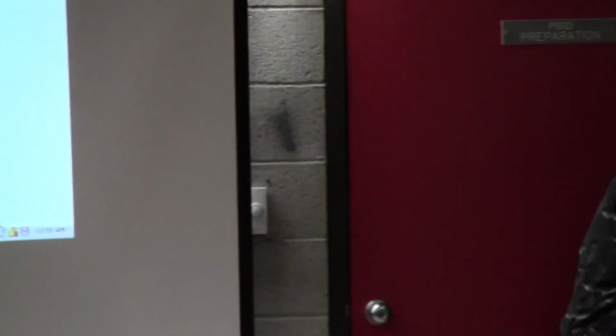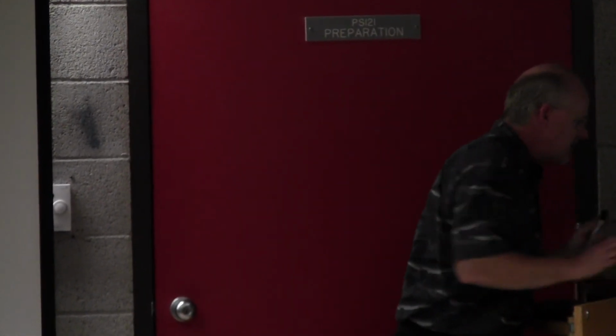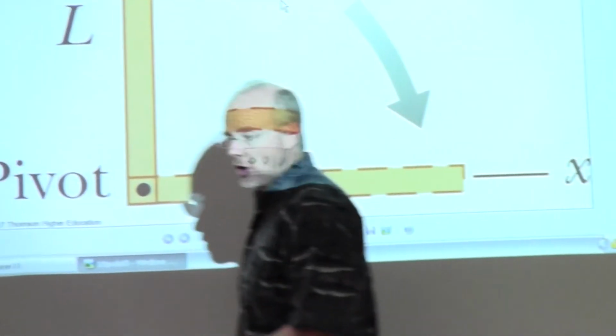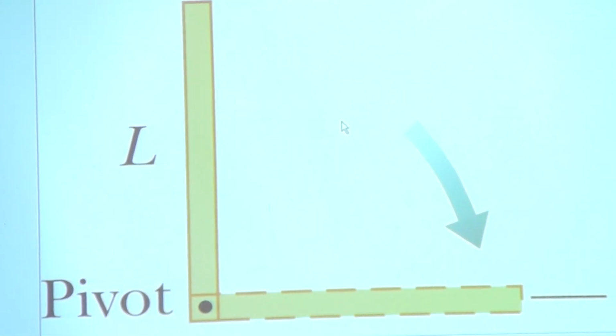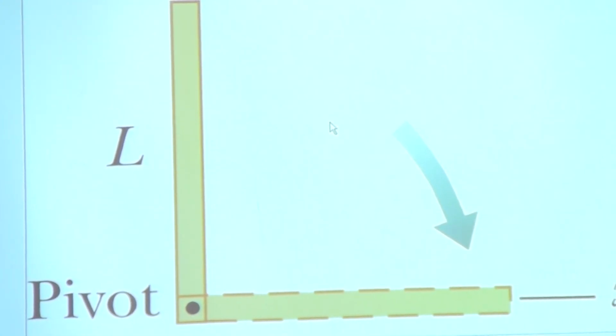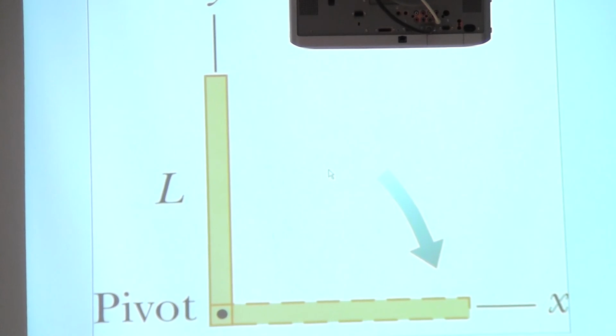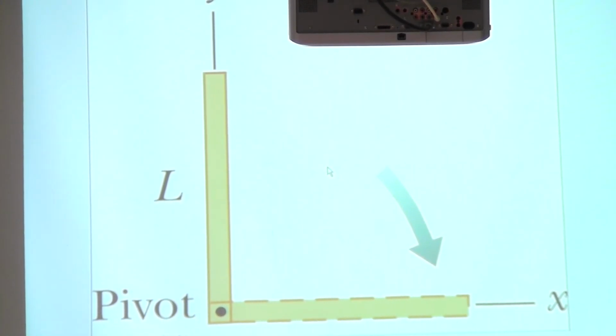And they have a nice picture of this one, although I'm not sure this one is quite complicated enough to need a picture, but as long as I already got it turned on there and showing it, here's what they have. They say, in number 65, a long uniform rod of length L and of mass capital M can pivot around a horizontal frictionless pin at one end of the rod.